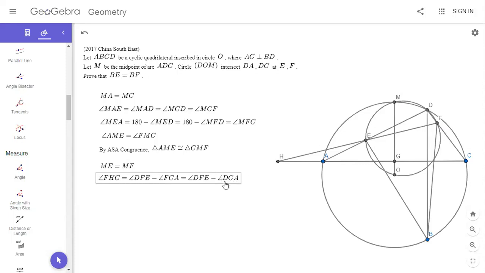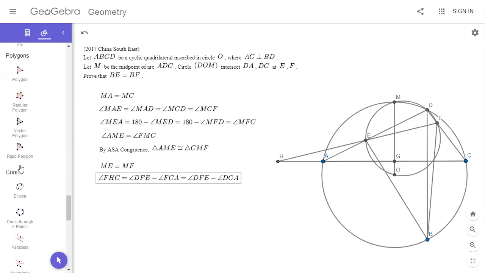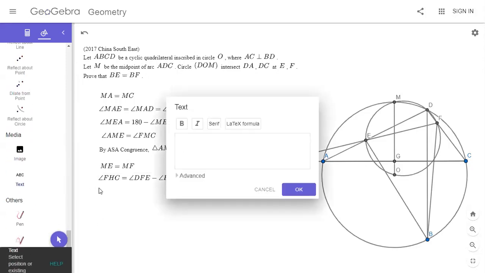So let me think what that would mean. DCM is DCA minus MCA. I'm just going to write some of this out. So we have angle BMO is equal to angle MBD. That's where we use the fact that they're perpendicular.